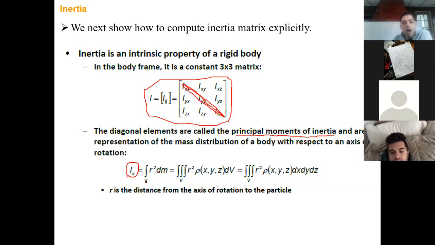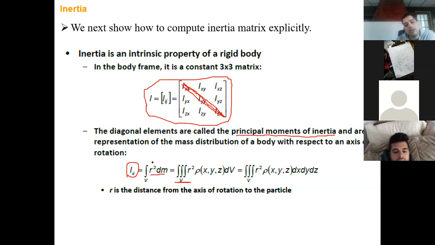So volume integration, again, this is calculus 3. You have 3 integrals, then r squared dm. It's very easy to understand here.